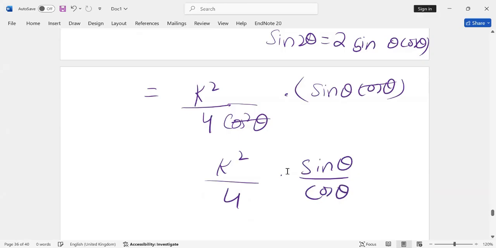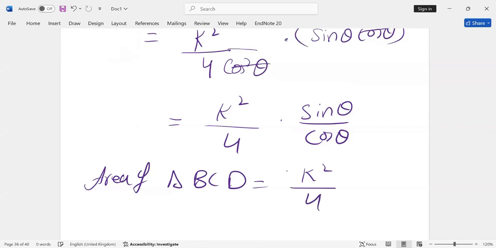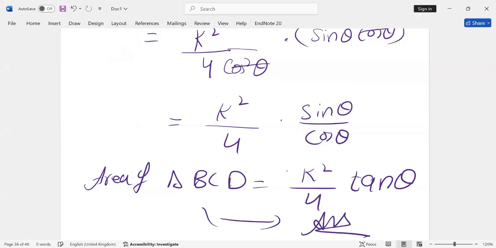All right, so the area of triangle BCD is equal to K square by 4 tan theta. All right, this is the required answer that we have to find out in this question.